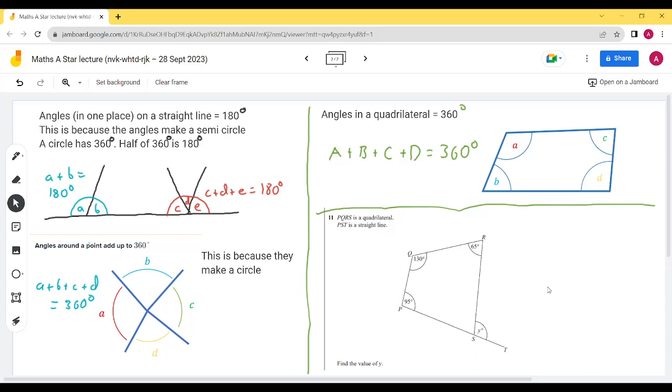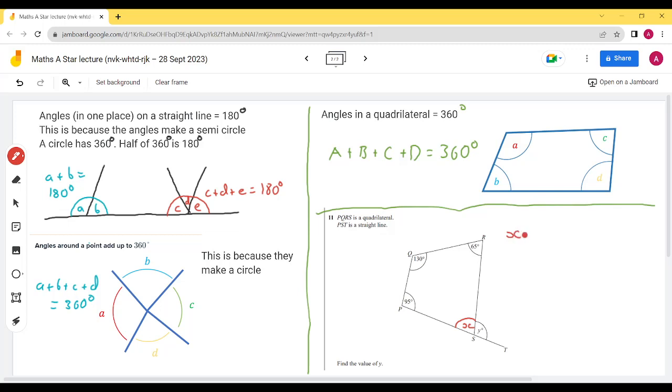This will be a 2-mark question because it's got 2 steps to it. The first thing I would do if I did a question like this is always work out what I can work out at a time. We can't work out y straight away, but we can work out PSR, which I'm going to mark here as x, because it is in the quadrilateral with our other 3 angles.